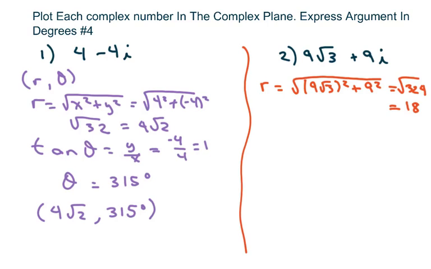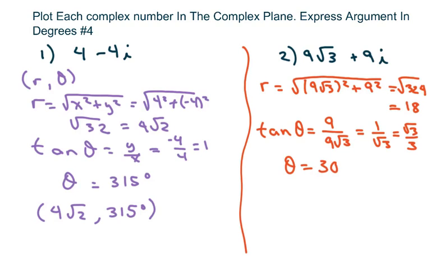And then your angle you get from tan, and that's going to be y over x, which equals 1 over square root of 3, which equals the square root of 3 over 3. So my angle is going to be 30 degrees, because tan of 30 is square root of 3 over 3. So we have 18, 30 degrees.